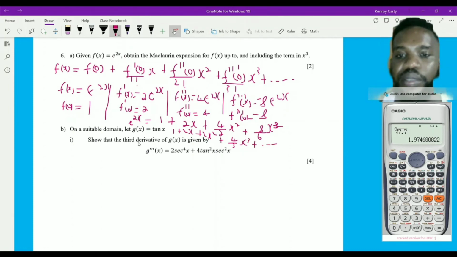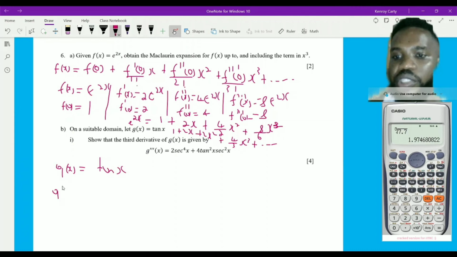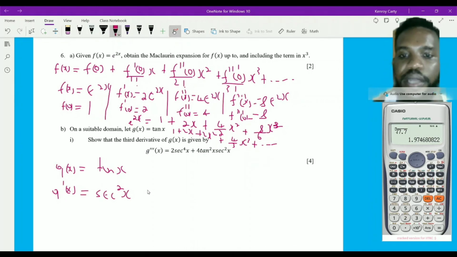Alright, this one says show that the third derivative of g of x is given by this. Alright, so g of x is tan x. So let me start with that. G of x is equal to tan x. When I go g prime of x, I'm going to get sec squared x. Alright, we go there. Then I can go g double prime of x.